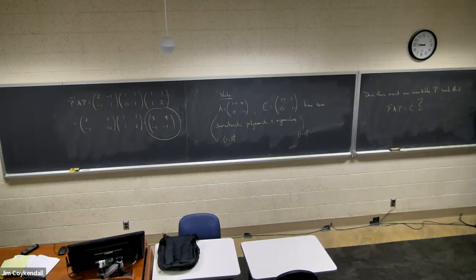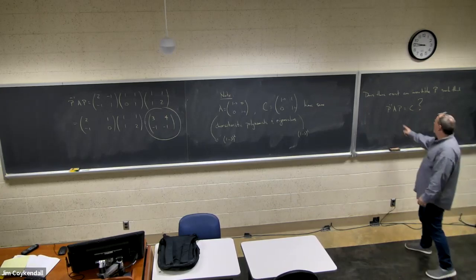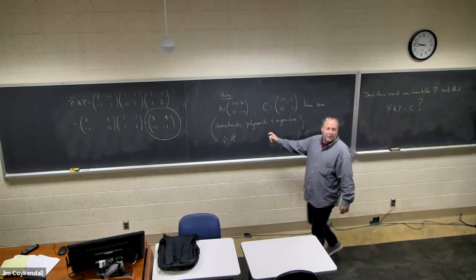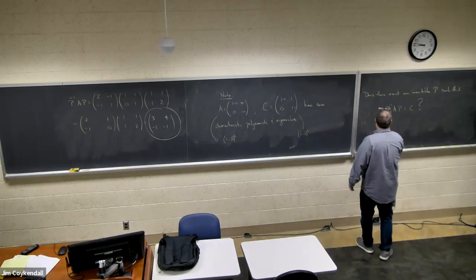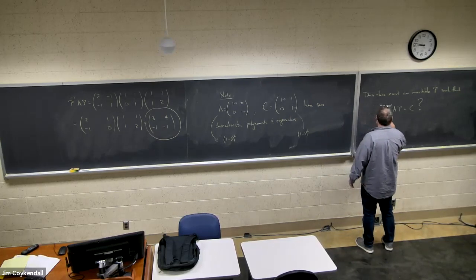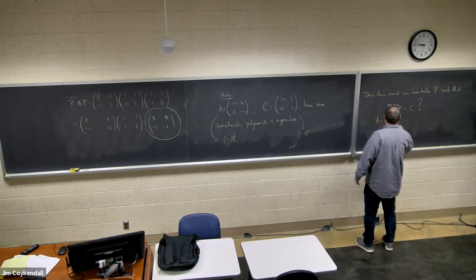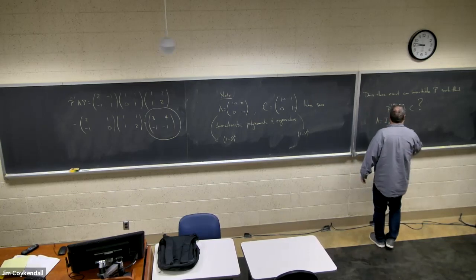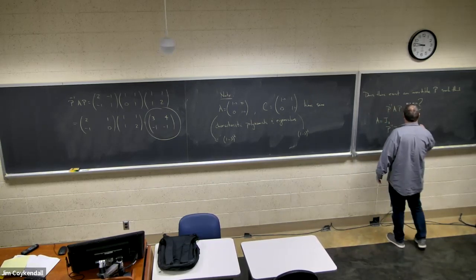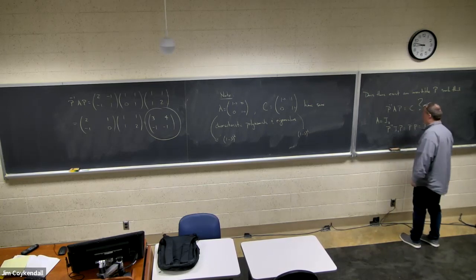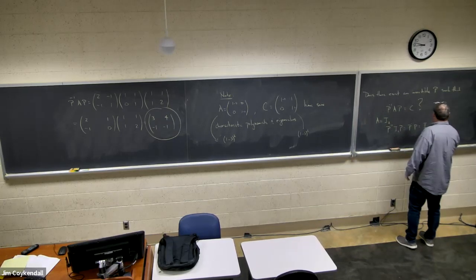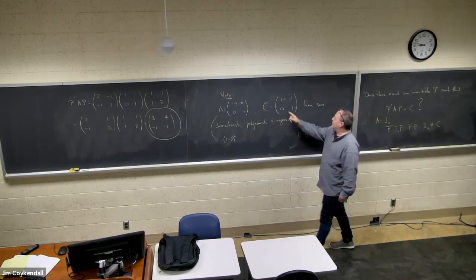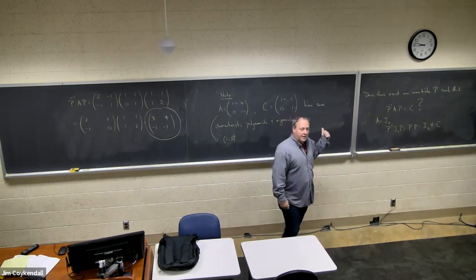It's the old classroom psychology question, right? It's got to be no, right? And actually, it is no, because what's another name for the matrix A? The original A is the identity. So this is the 2 by 2 identity. So if you look at P inverse I2 P, this is P inverse P, which is I2. And this is not equal to C, because C is not the identity because it's got that extra 1.